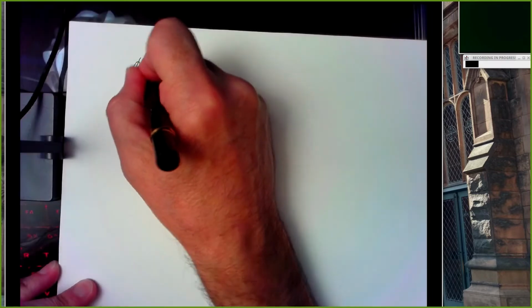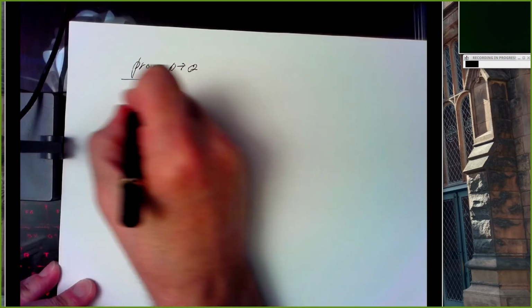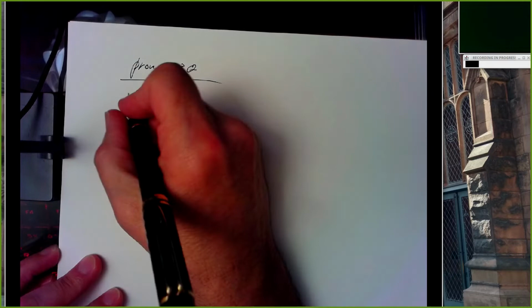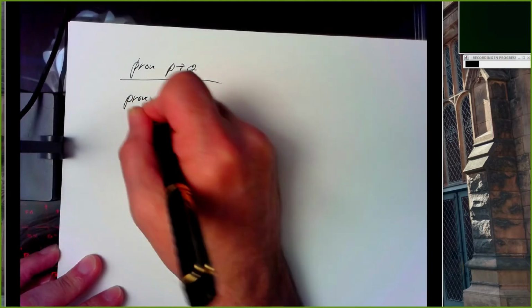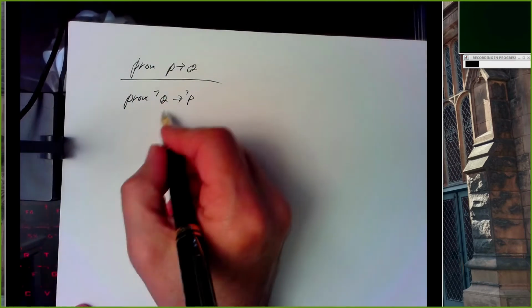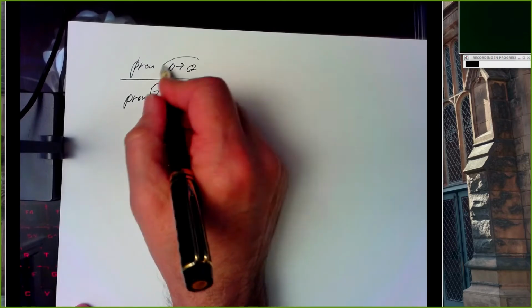Yeah, so I remember that solution. So prove P implies Q. So what you can do, and I think what you did in there, was you actually proved not Q implies not P. And then once you've proven this, you can say, well, this is equivalent to this.